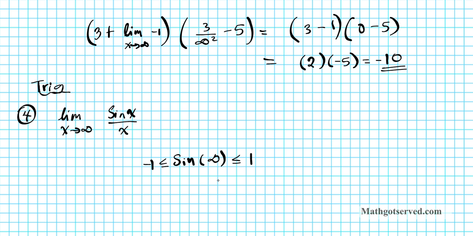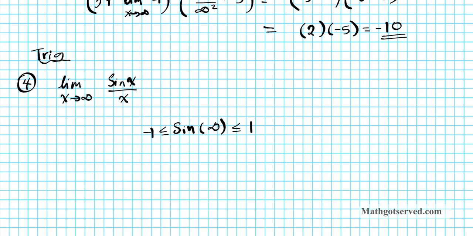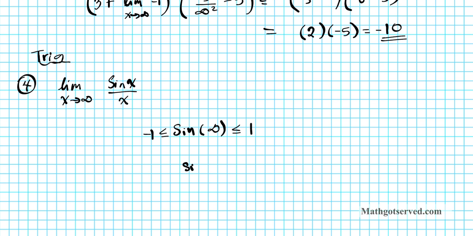All right, so let's take a look at this situation. If we have sine of x, we know sine of x is bounded between -1 and 1, right? So what about we divide everything by x? Divide the entire expression by x. Okay. Now, if we take the limit as x approaches infinity of these two terms, what are we going to get?